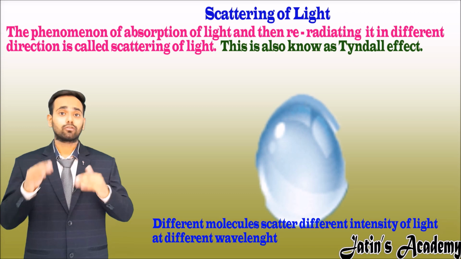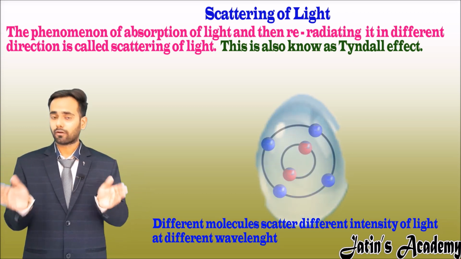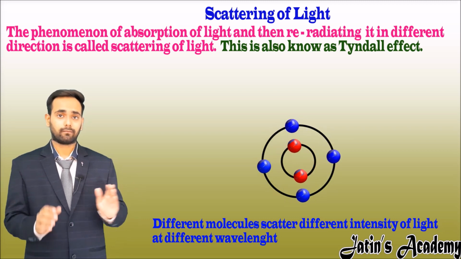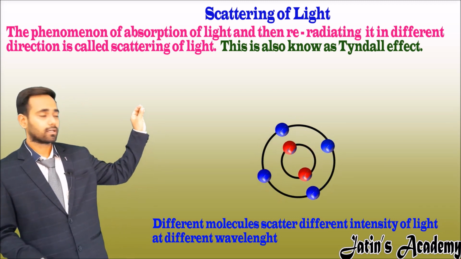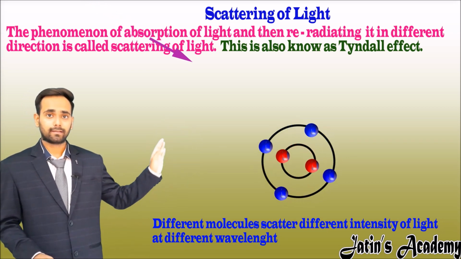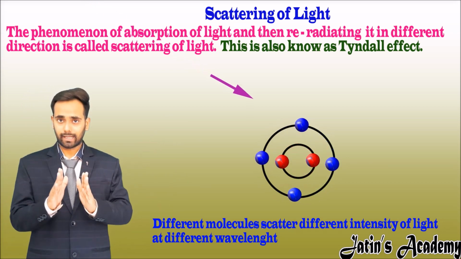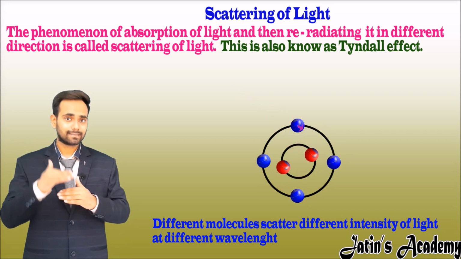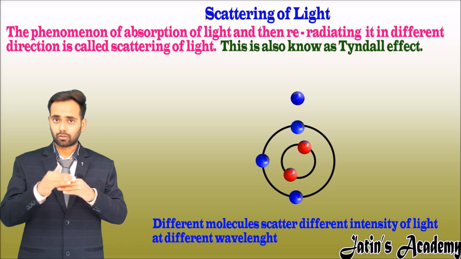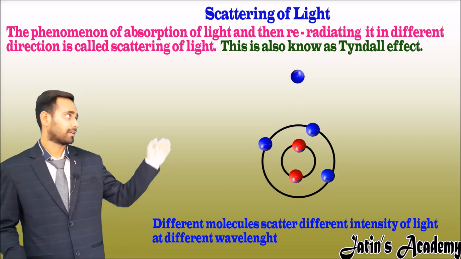The water molecule, or any molecule, is made up of atoms, because this whole universe is made up of atoms. When light strikes the surface of the water molecule, the electron present in the outermost shell of the atom, after gaining this energy, gets excited. So the electron leaves its outermost shell and goes to the excited state.